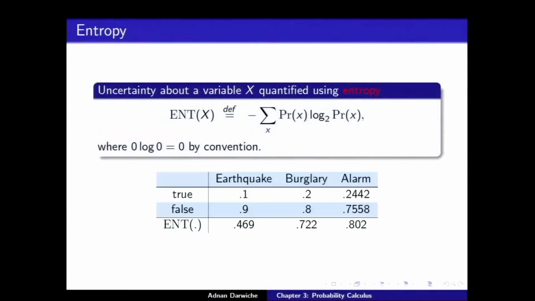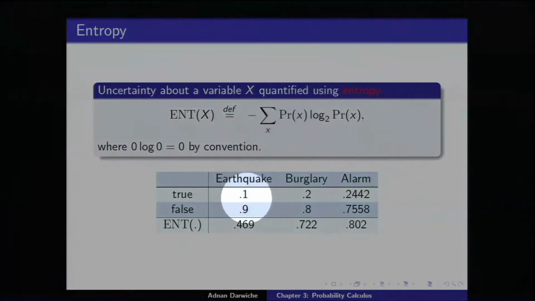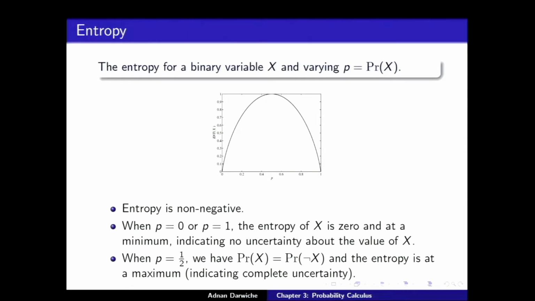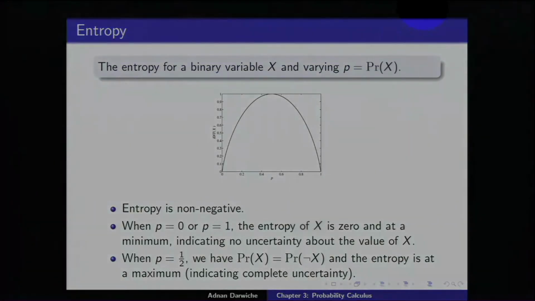And if we see for this particular example, look what's going on here. If you look at the entropy here, here it is for this guy, for that guy. So what happens? As we become uncertain, the entropy goes up. And this is an example of a binary variable. In this case, the probability of x is p, and therefore the probability of not x is 1 minus p, and you can see what happens to entropy as p changes.